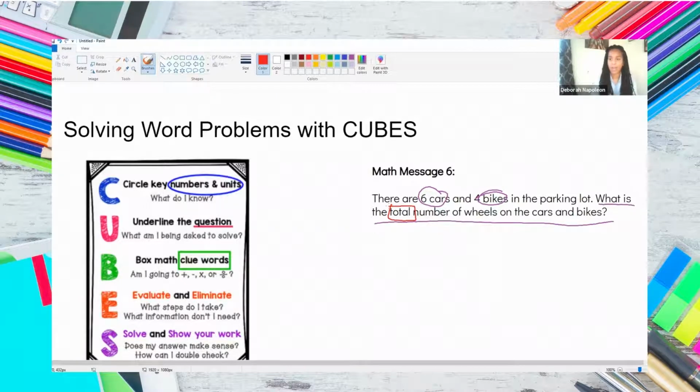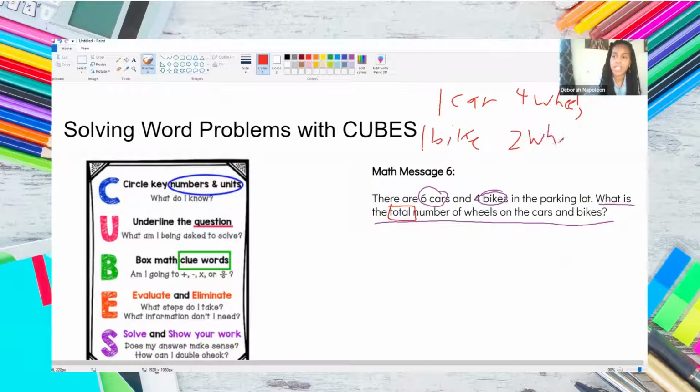I need to figure out what information I need and what I can throw away. I know there are 6 cars and 4 bikes, and I need to figure out the total number of wheels across both the bikes and the cars. Well, I know one car has 4 wheels, and I also know one bike has 2 wheels.